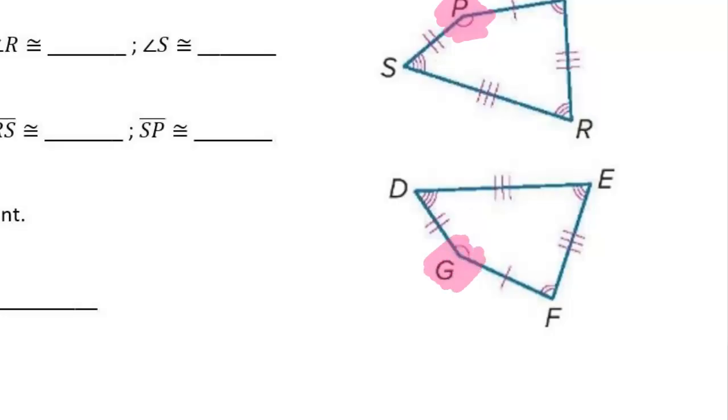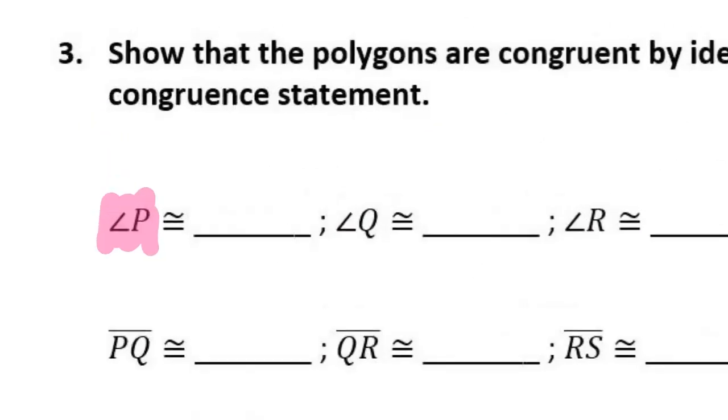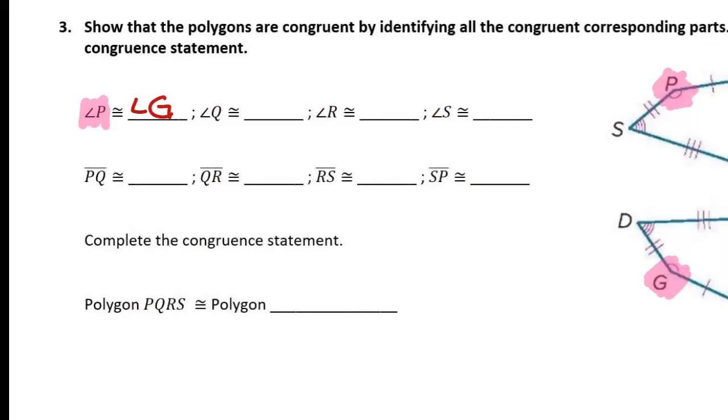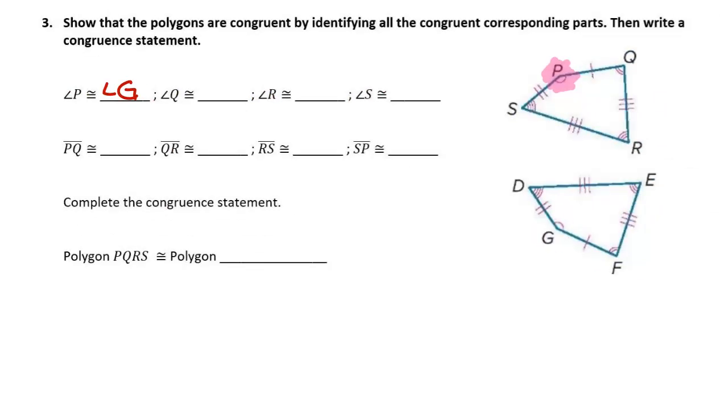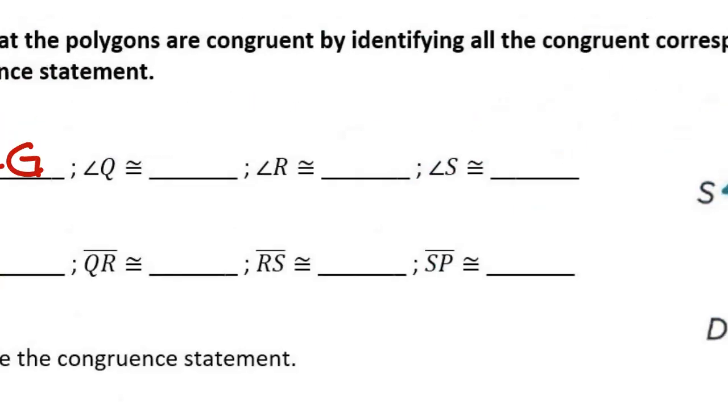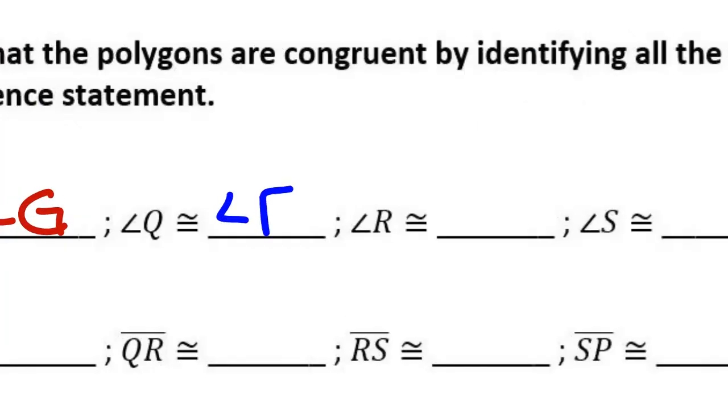Angle G also has one congruence marking on it. So angle P is congruent to angle G. Perfect. What about angle Q right here? What does that correspond to? Angle F. Two congruence markings, two congruence markings. So angle Q is congruent to angle F.